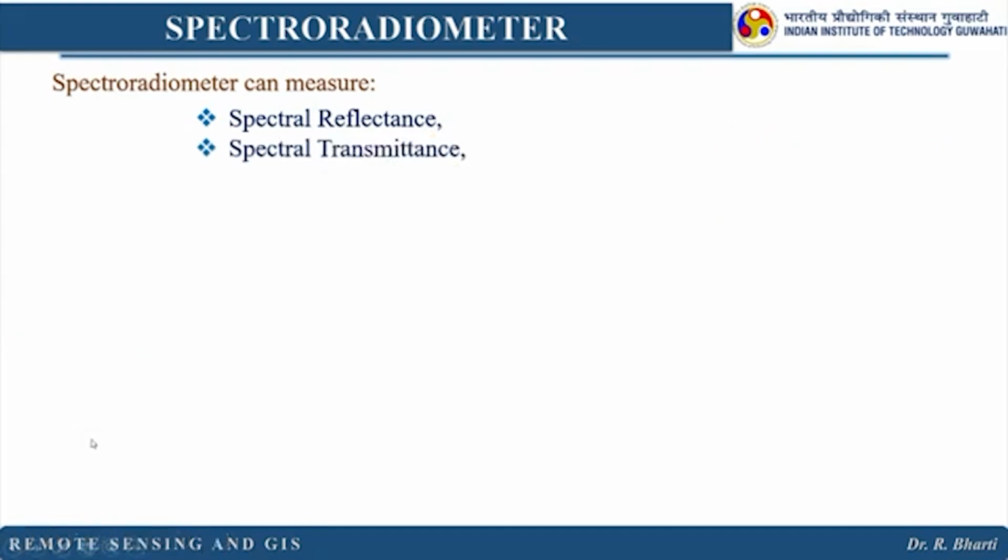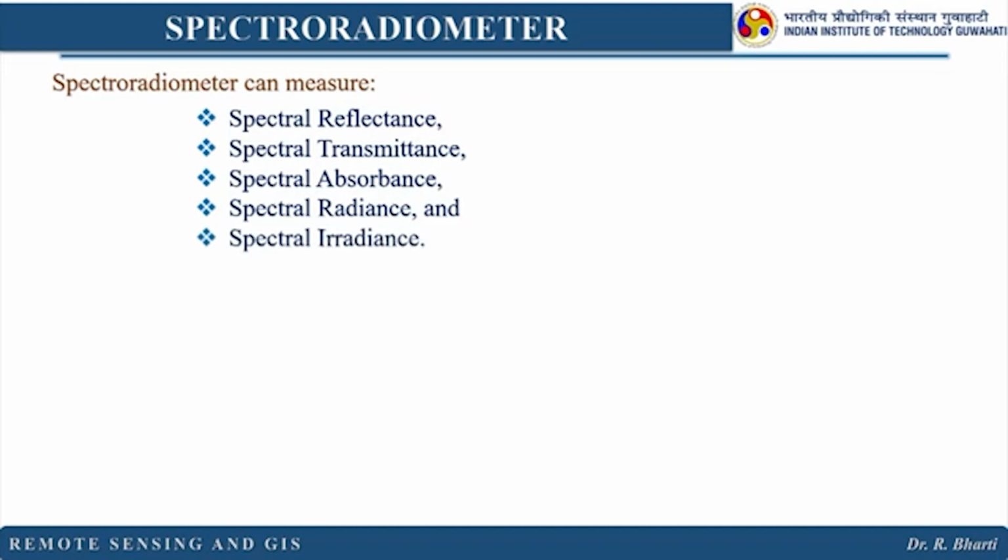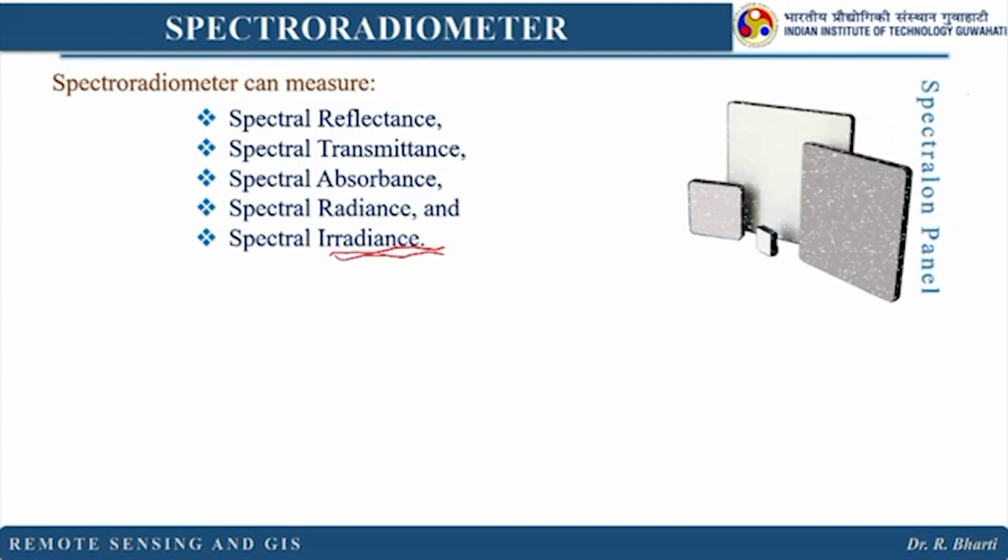Now the next is spectral transmittance. Again, we can measure transmittance, absorbance, then spectral radiance, obviously because radiance will be captured, and then spectral irradiance, because irradiance is required to convert your radiance into transmittance, absorbance or reflectance, right. So this is your incoming light falling on your surface, right.